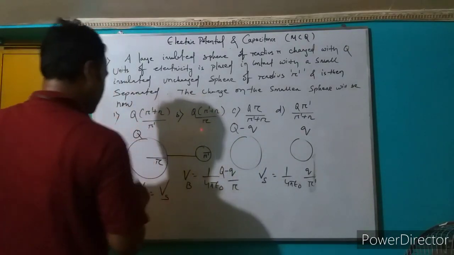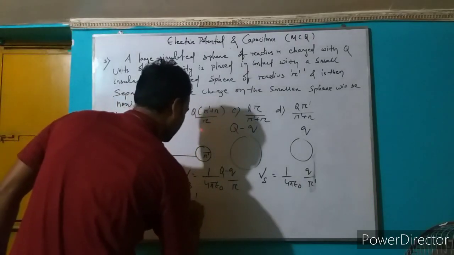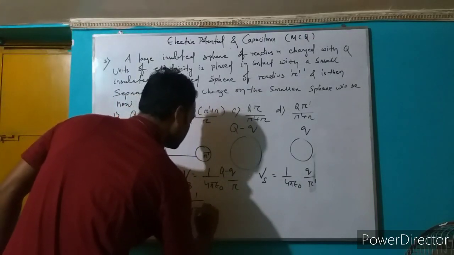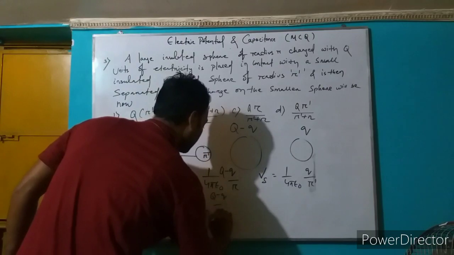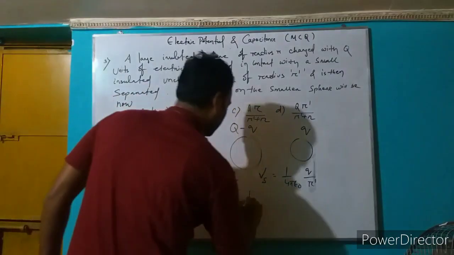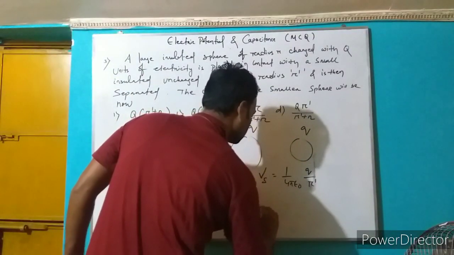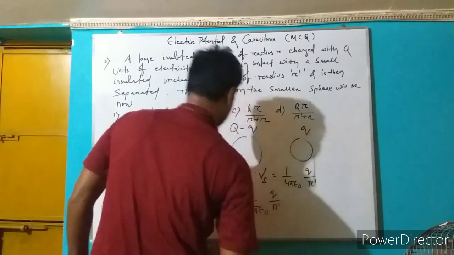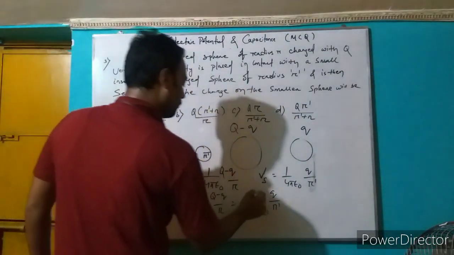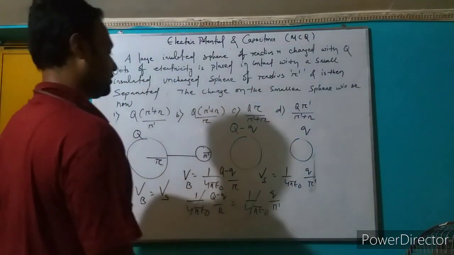So here, 1 by 4 pi epsilon 0 (Q minus q) by r equals 1 by 4 pi epsilon naught q by r prime. The 1 by 4 pi epsilon 0 terms cancel out each other.